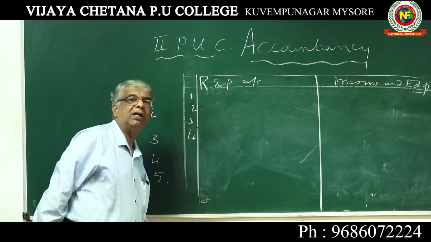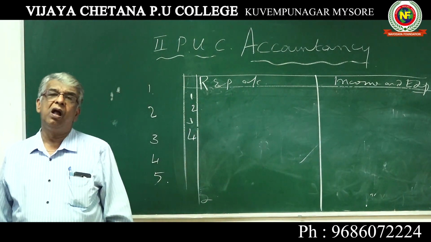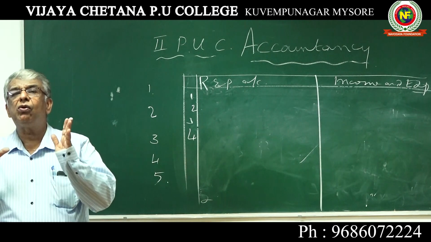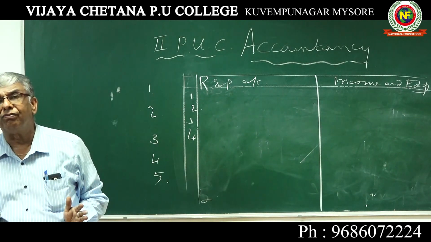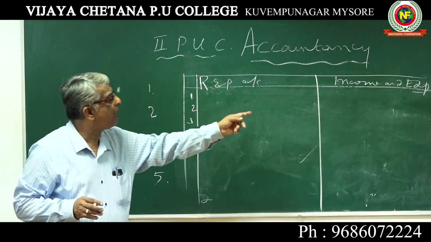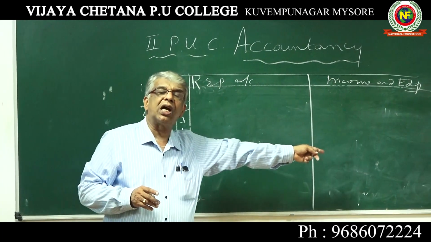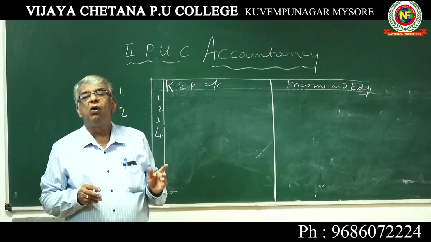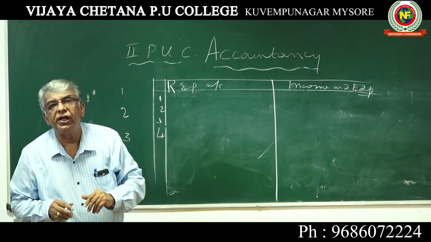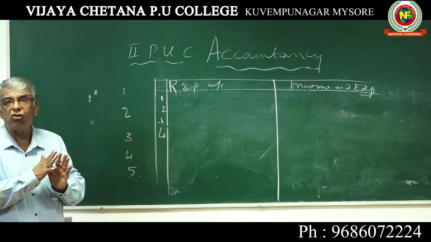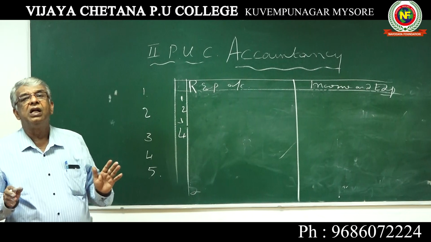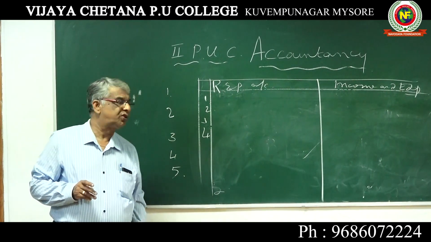The receipts and payments account contains both revenue and capital items, whereas the income and expenditure account contains only revenue items and does not take into account capital items.